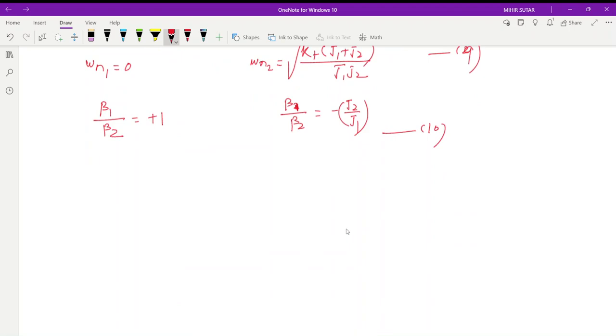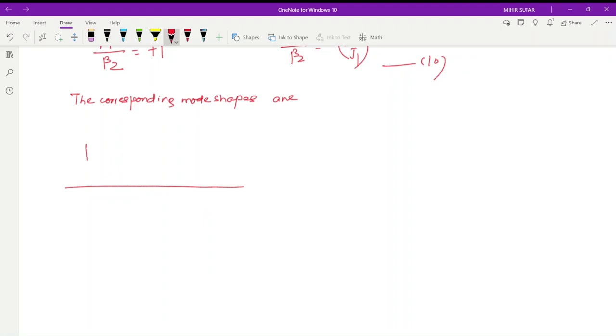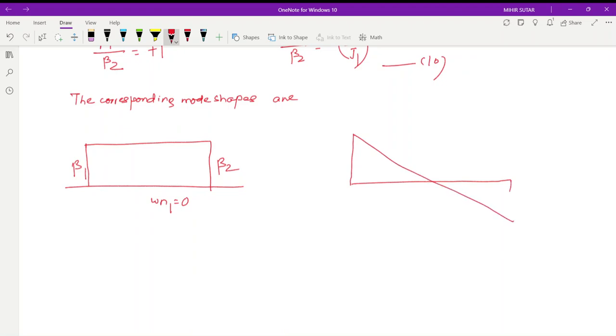So the corresponding mode shapes, if you draw, mode shapes are the first case, this is beta 1, this is beta 2 for omega n1 equal to 0, and for the second case, this will be beta 1, this is beta 2.